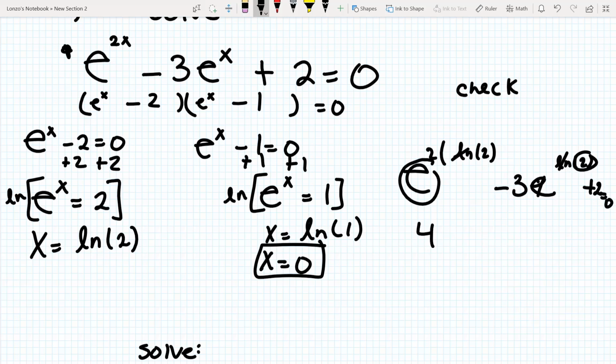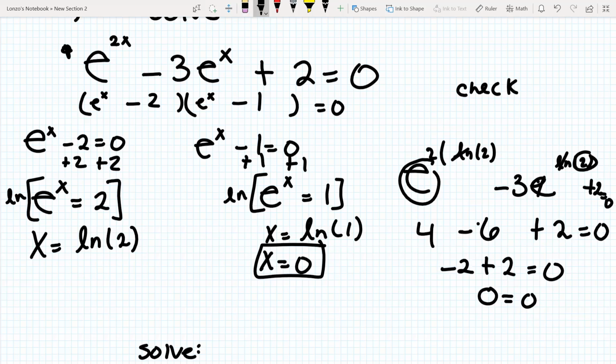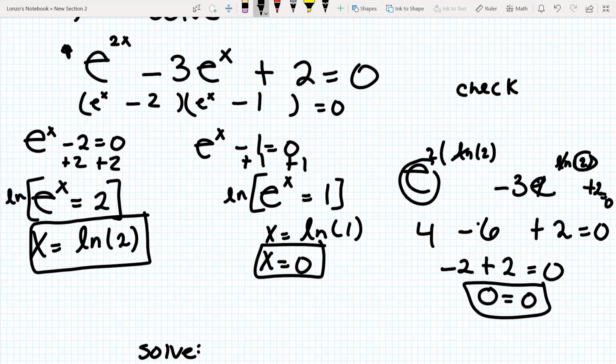And then you're going to times that by -3, which is -6, right? -3 times positive 2 is -6, plus 2 equals 0. So 4 minus 6 is -2, plus 2 equals 0. So 0 equals 0. The statement is true. So we can conclude that x equals ln of 2 is a solution. Okay. They both work, so that's good.